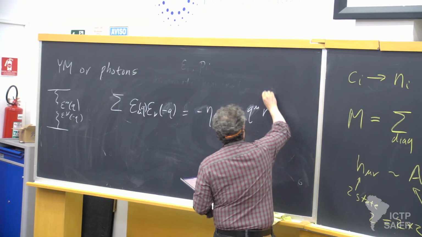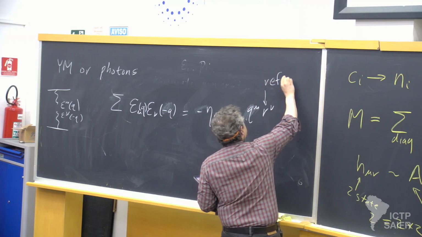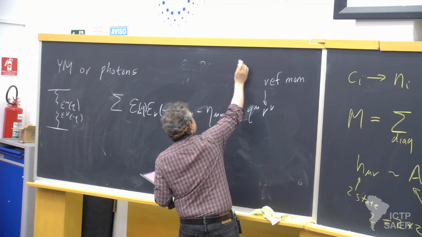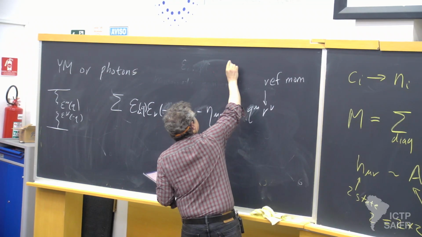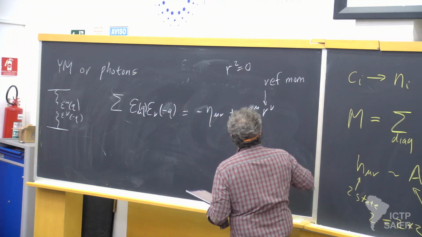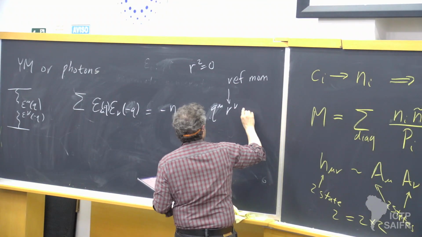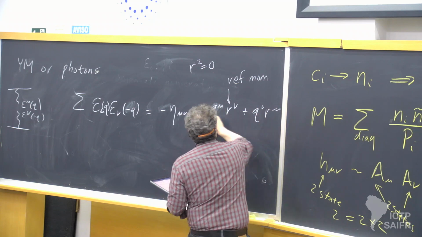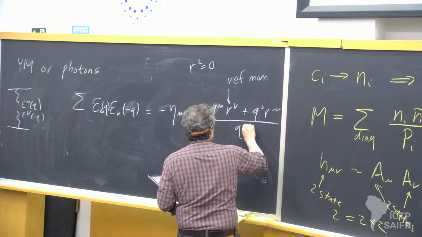Oh, this is what's going to be a reference momentum. This reference momentum has the property that R squared equals 0. And then plus Q nu R mu over Q dot R.